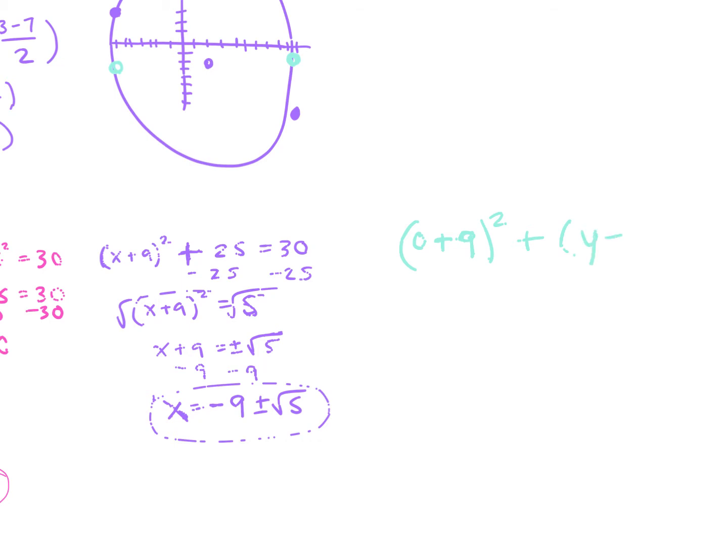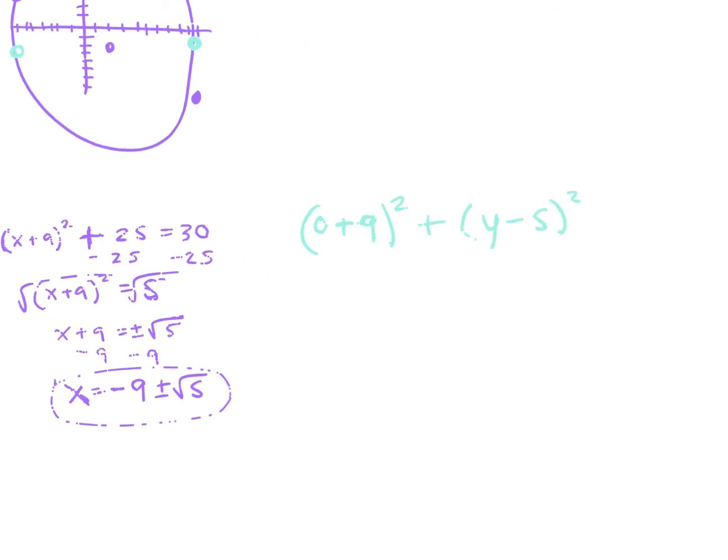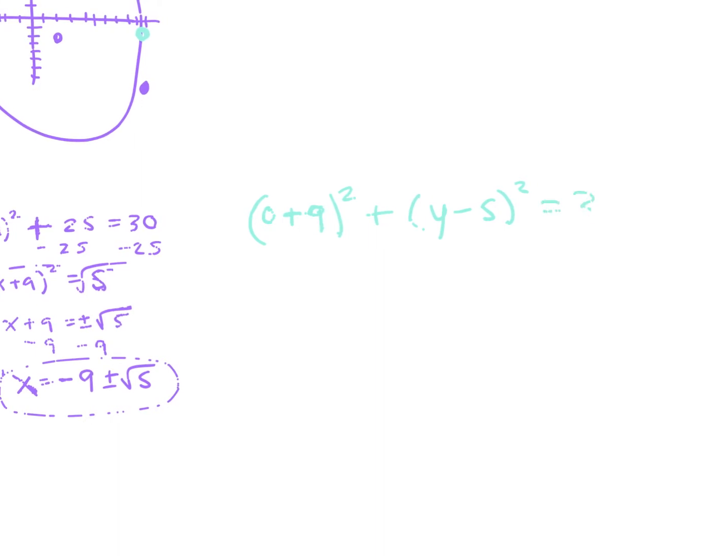So I have y minus 5 squared is equal to 30 minus 81 is 49? No. Negative 51.